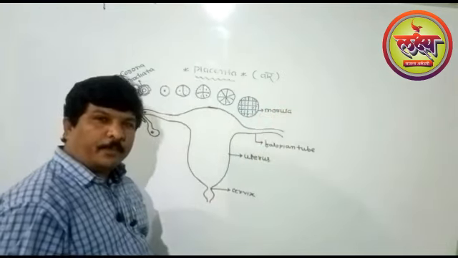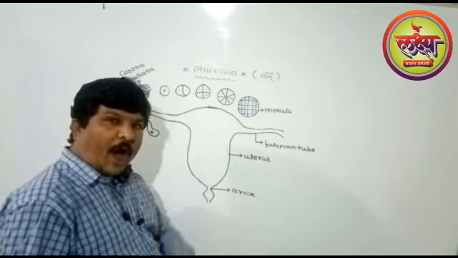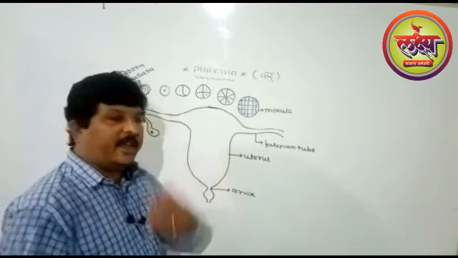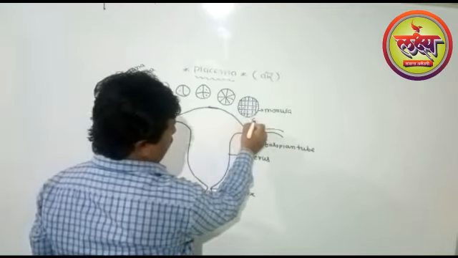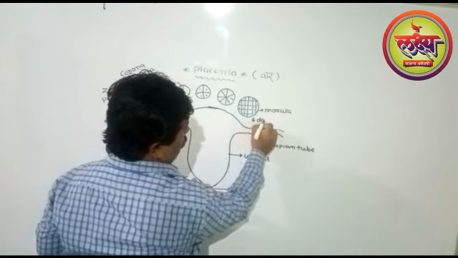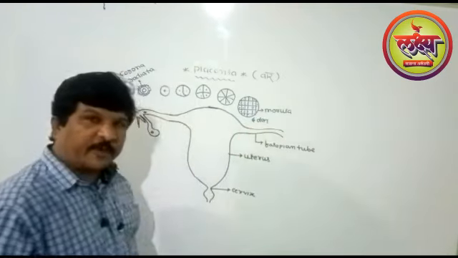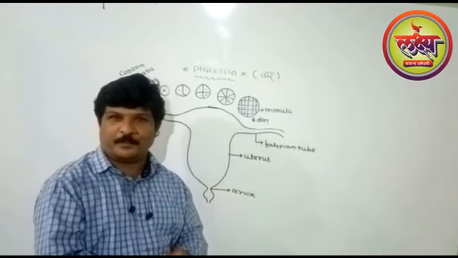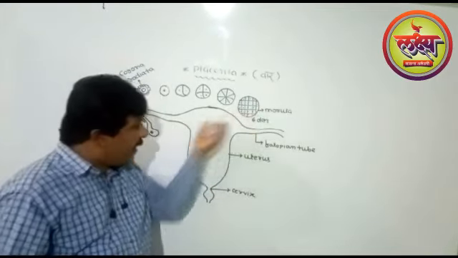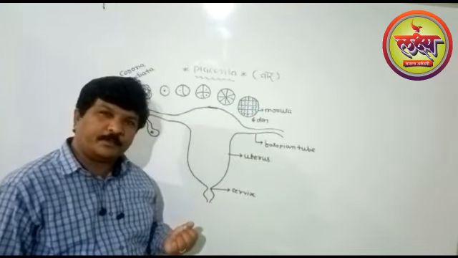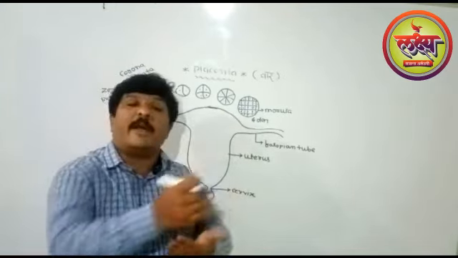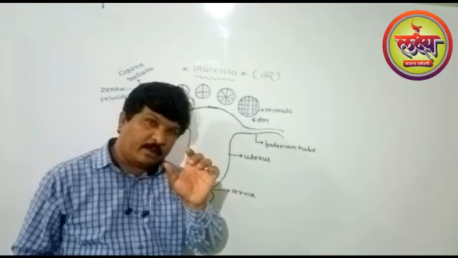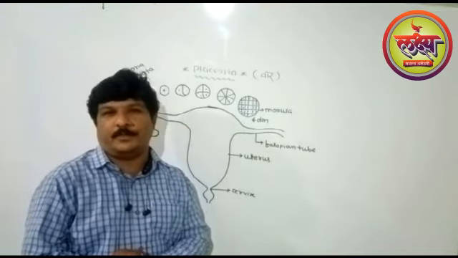This morula is formed on the 4th day after fertilization. Then it reaches inside the uterus. When the morula enters the uterus, it again undergoes mitosis and forms a 32-cellular structure.